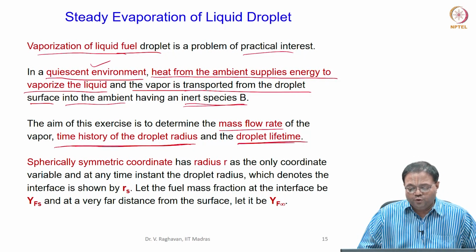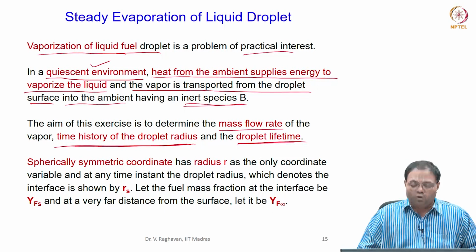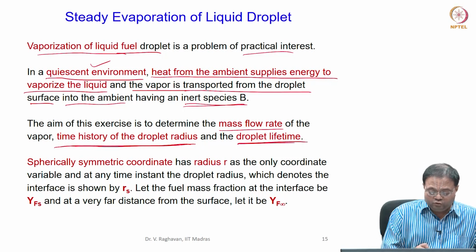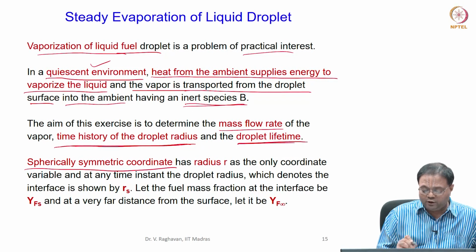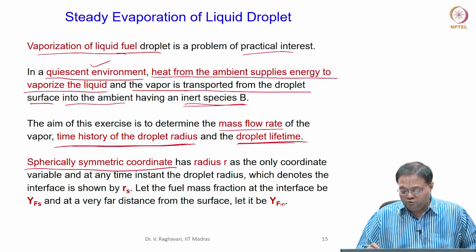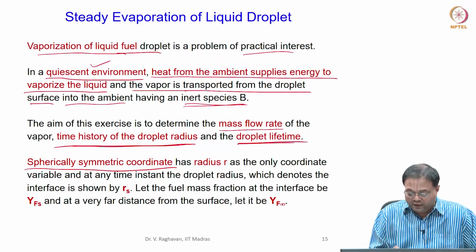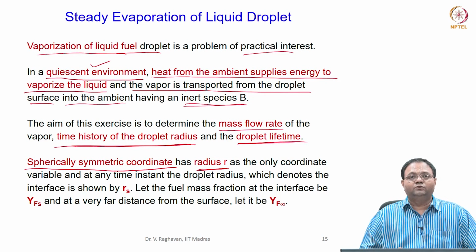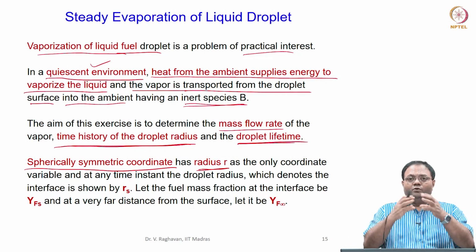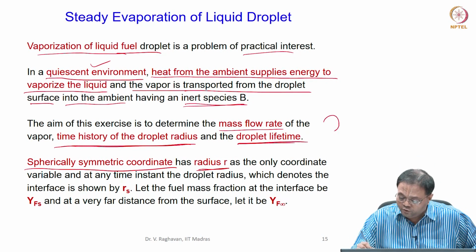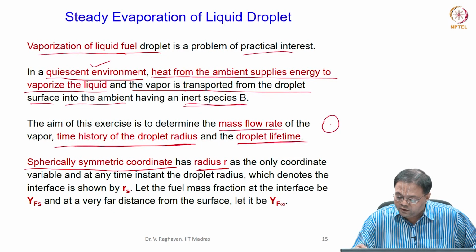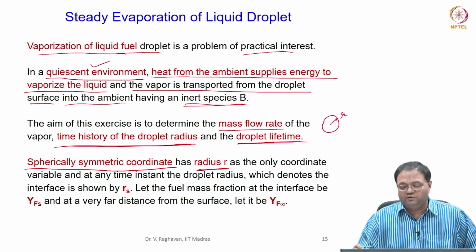Now, this is a simplified problem of droplet evaporation, but in spherical coordinates, what we call a spherically symmetric coordinate. Here the radius is the only coordinate direction. For example, if there is a droplet, this is the center and this is the radius r, which is going to change as a function of time.